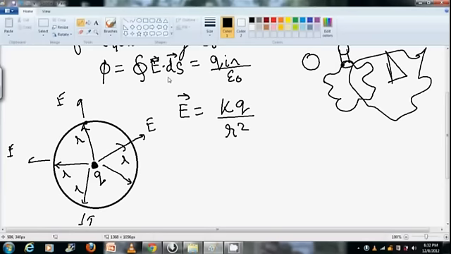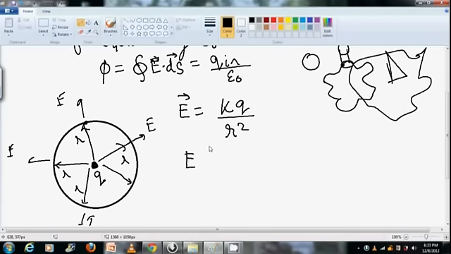Now what does Gauss law say? I have a closed surface which is a spherical surface, a 3D sphere, and all the points are at an equal distance r. So if I use Gauss law, E is the same at every point. E is constant throughout this surface, so I can take E out of the integration.